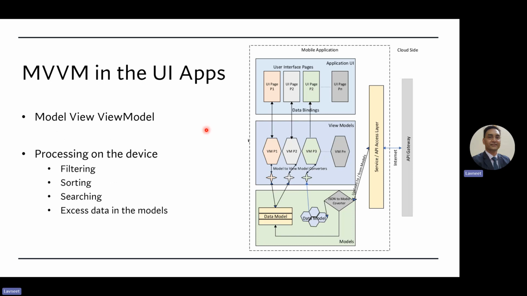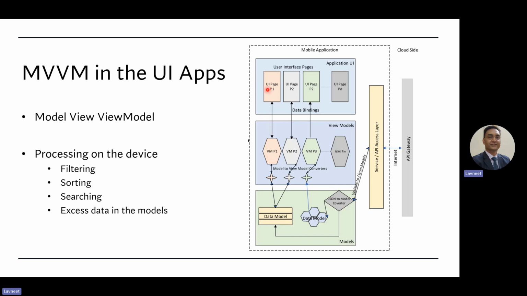In such devices, generally a paradigm called model view view model is used, MVVM, where the views are the user interface pages that are shown to the user, and the data that is shown in those views is captured in objects called view models.